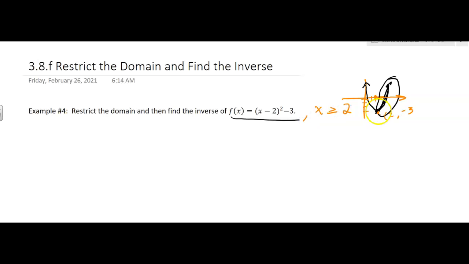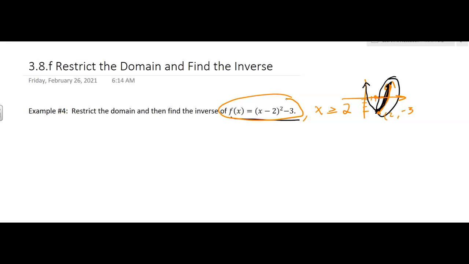And then that gives us this half of the parabola, and then we'll be able to find the inverse. Okay, a note that they mention is our function that they gave us was in vertex form where you could find the vertex by looking at it. If you didn't have that, like if it were in general form, you'd have to find the vertex first, okay?